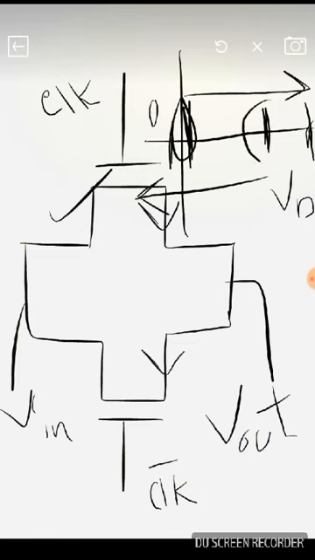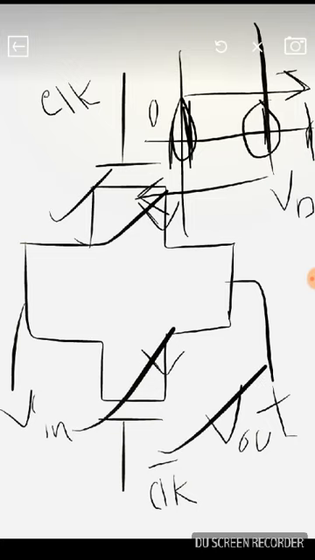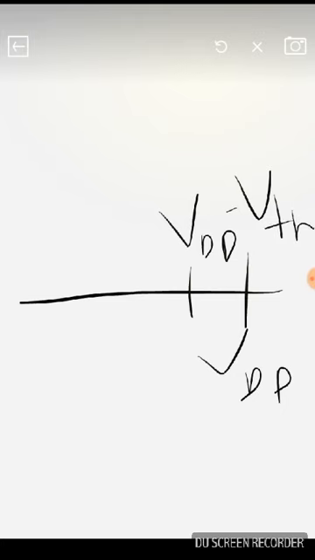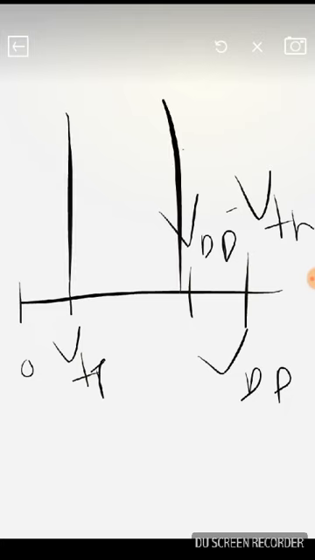Within VTP and VDD minus VTH, both the MOS work, and greater than VDD minus VTH, the PMOS works. So there is no such region where a MOS is off. So both the MOSes together help in getting the work done. That is, in this region the NMOS works, in this region N plus P work, and in this region the PMOS works.